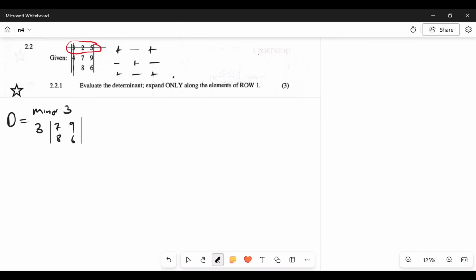So the next minor is going to be 2. We write the minor of 2, meaning we need to cancel the row and the column where 2 is. 2 correlates with negative there. So we're going to write negative 2 first, and then we write the matrix that is remaining there. We're left with 4, 9, 1, and 6.